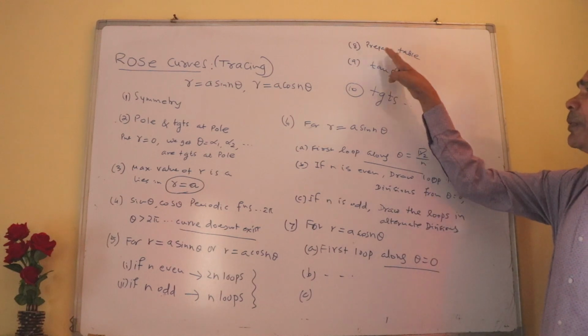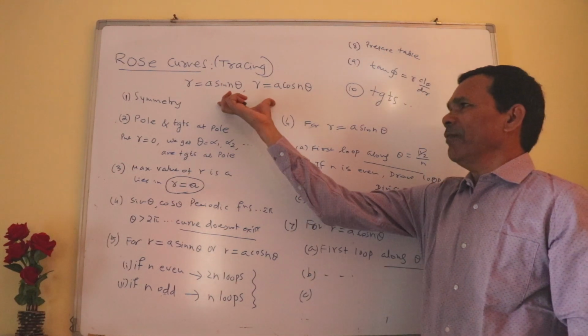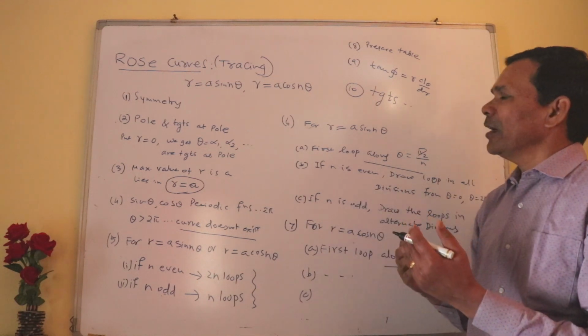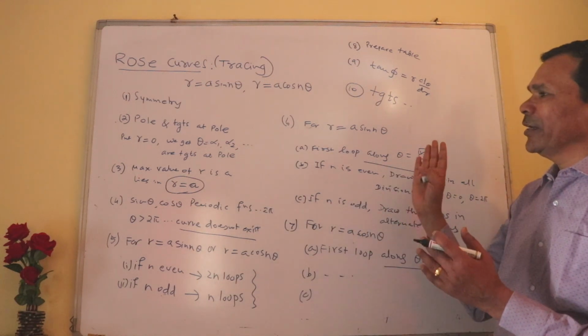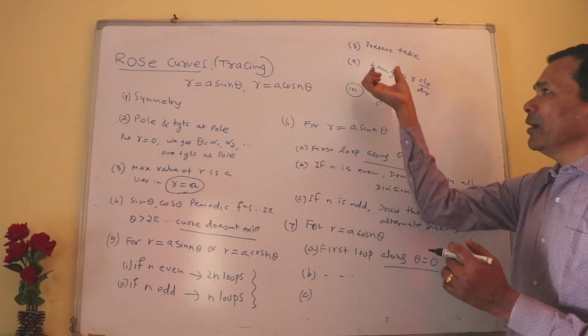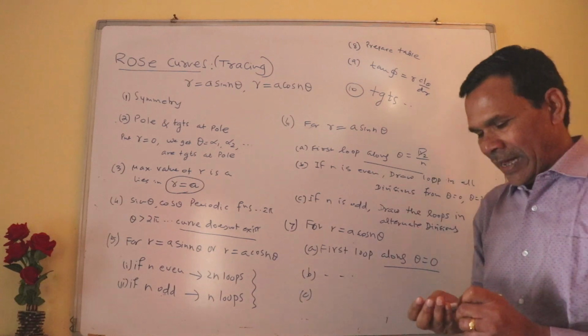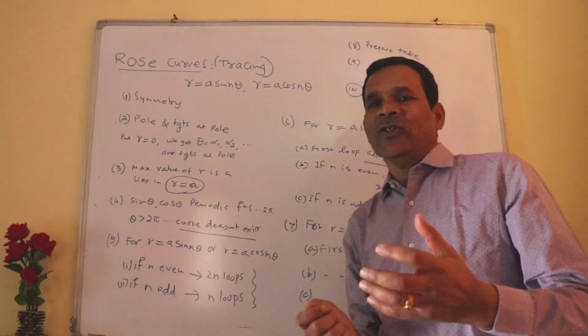Similarly, we prepare a table for the values of r and theta. We take suitable values of theta, we get the values of r, and prepare the table. From that we get the variation of r, how r varies with respect to theta.